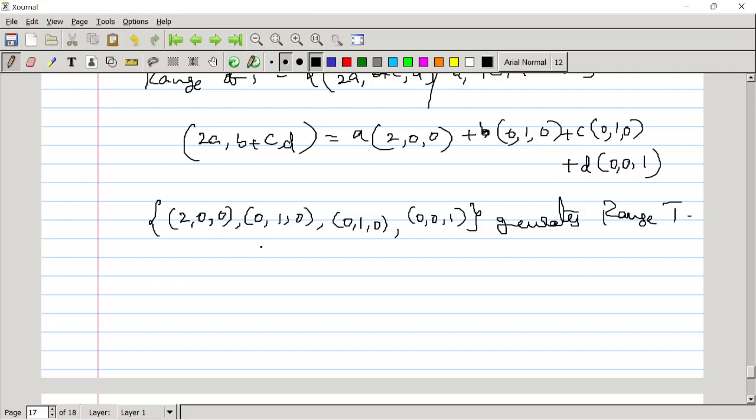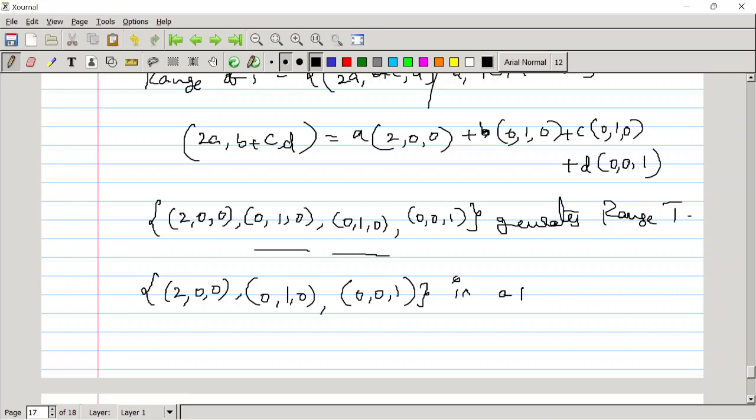Here two of these elements are the same, so in a basis we cannot write two same elements. So we simply write 0 comma 1 comma 0 and 0 comma 0 comma 1 as a basis.